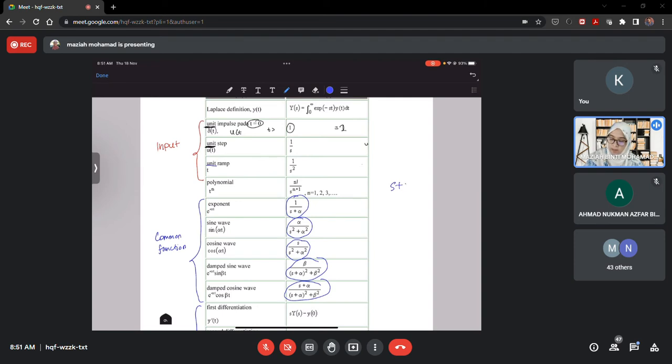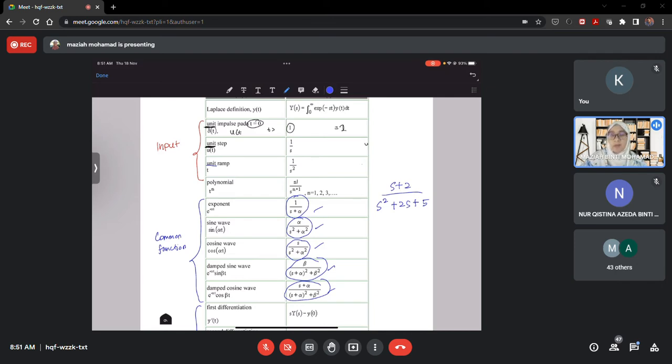S plus 2 over s square plus 2s plus 5. So we only have these five functions, but none of our function is similar to that.